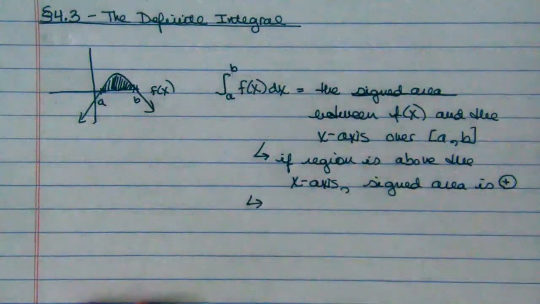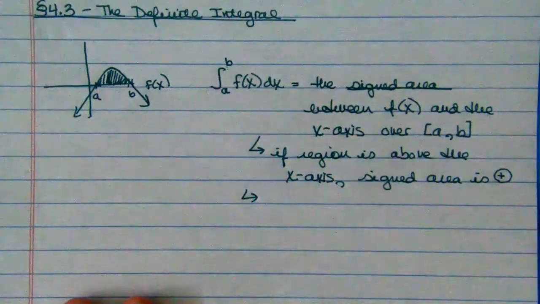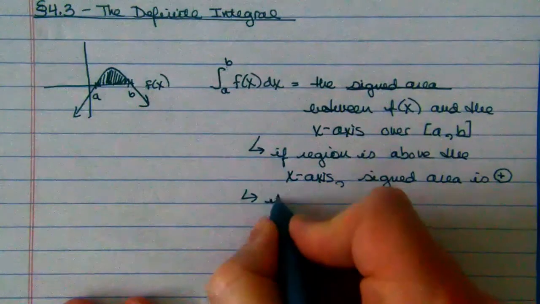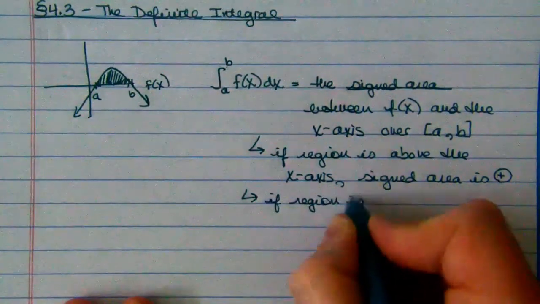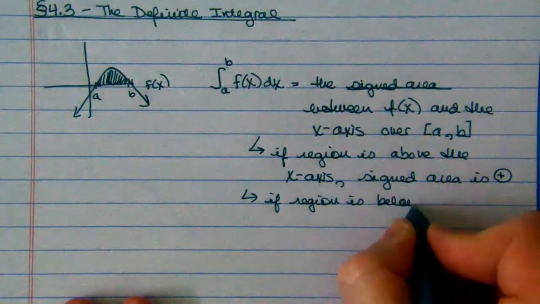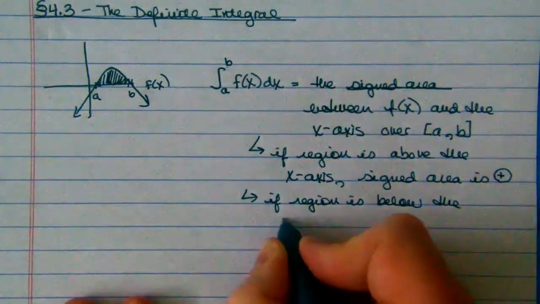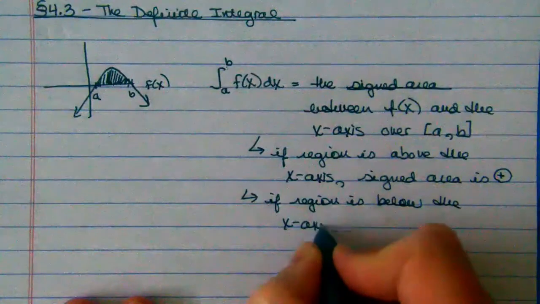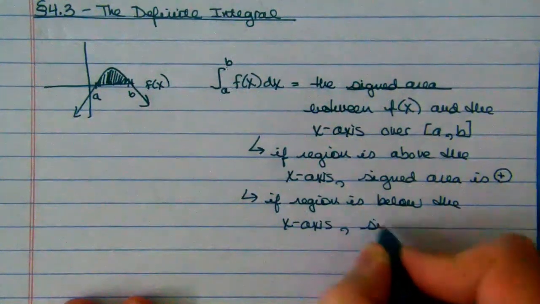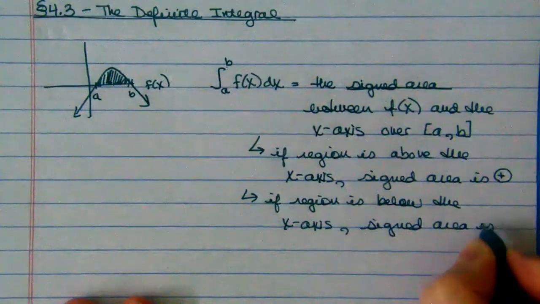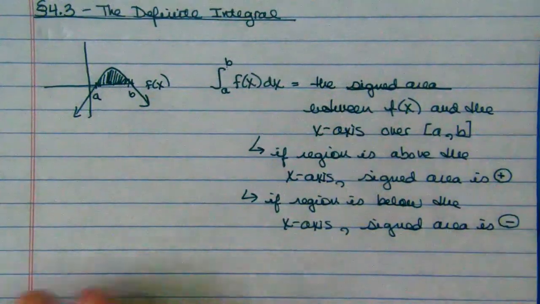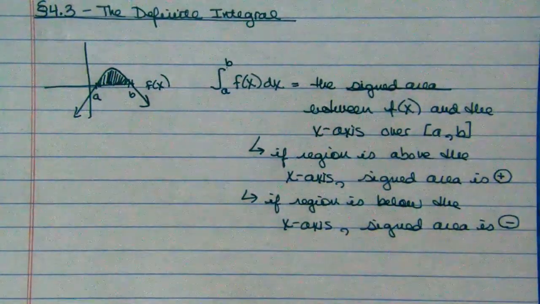And in the same breath, if the region is below the x-axis, the signed area is negative. If the region is below the x-axis, our signed area is negative. Please copy that down, and then I'm going to show you some examples of setting up these integrals, and then we'll talk about how to do some evaluating.